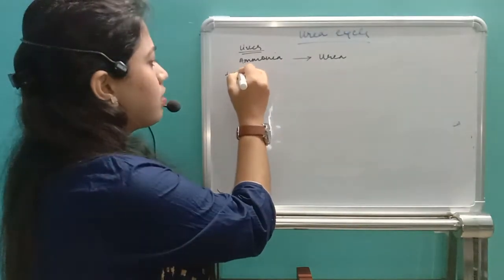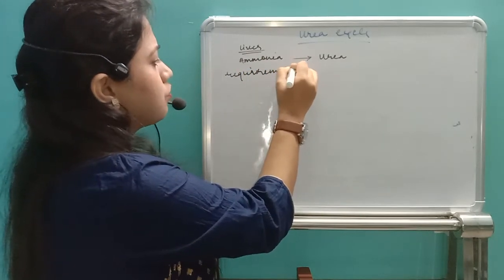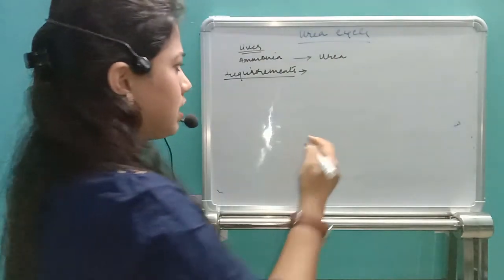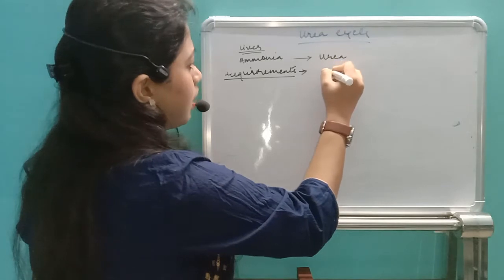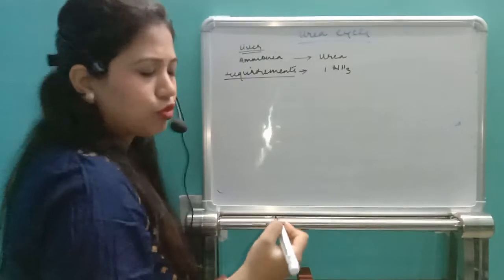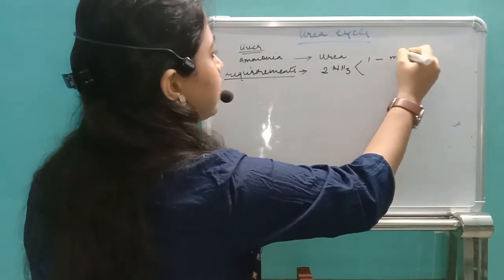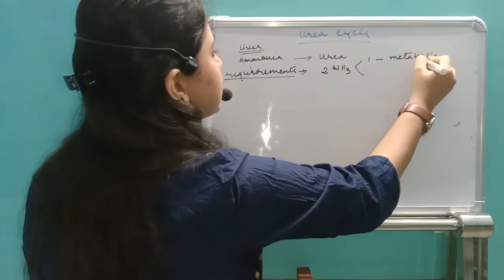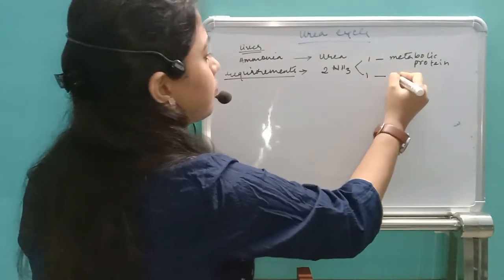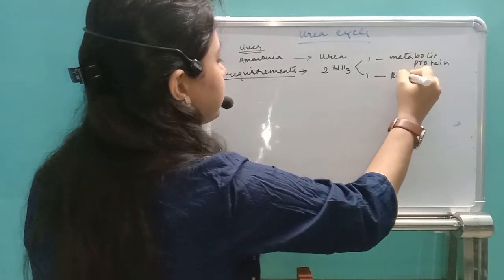So what are the requirements that we need to produce urea? What raw materials will be needed? Obviously, we'll require ammonia. Actually, two molecules of ammonia will be required, but one molecule will come from metabolism, that means from the protein, and the second one will come from another cycle, the Krebs cycle.